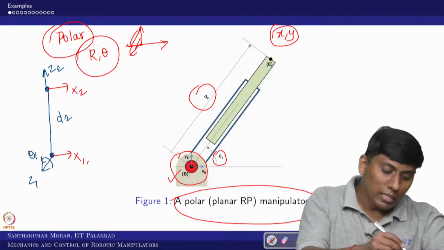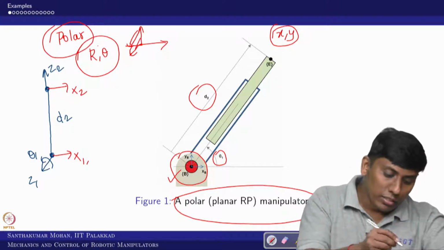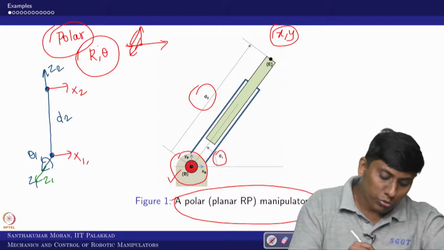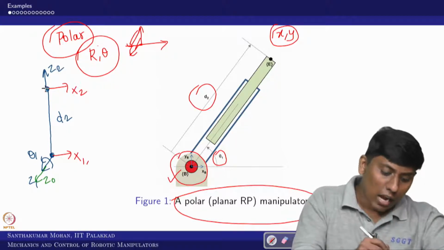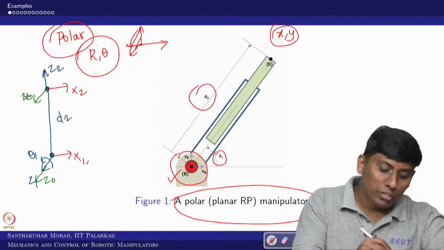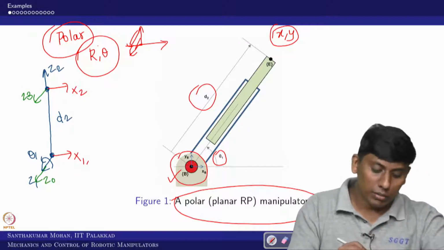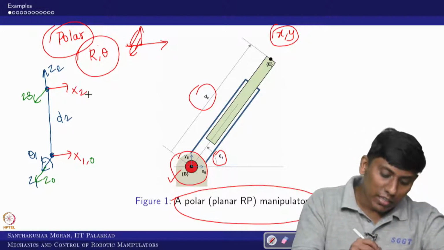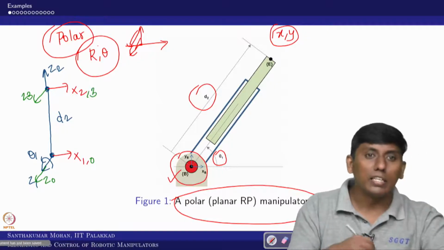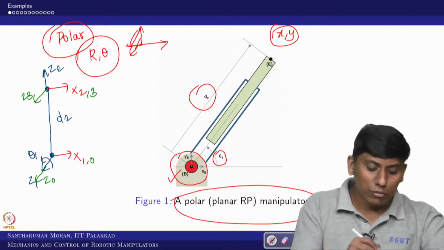Further, I have plenty of choice: my z0 can also be parallel with z1, and I can choose z3 in such a way that it is parallel to z0. In the sense I can take everything parallel, so there is no alpha.